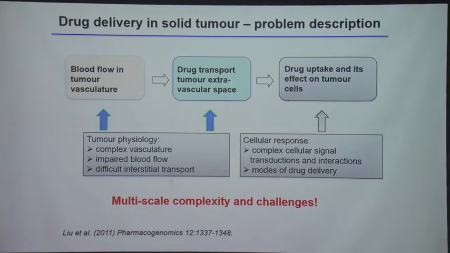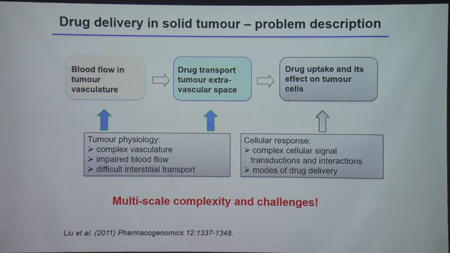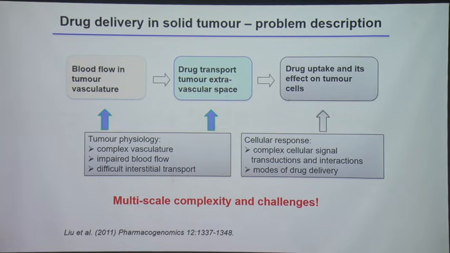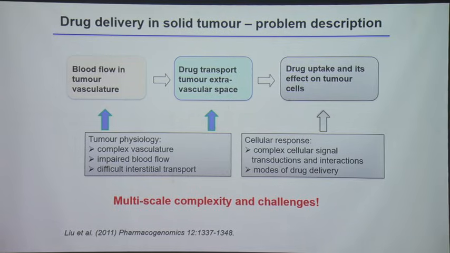In each of these processes, the first two will depend on the tumor physiology, and that includes the complex vasculature, and it will involve blood flow, which can be abnormal, impaired blood flow in tumor vasculature, and also very difficult interstitial transport.